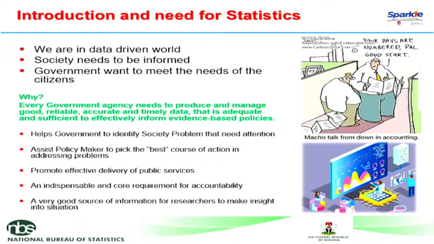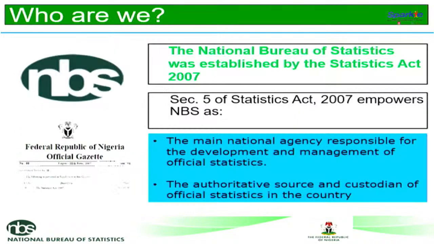But with the emergence of new trends, there is need to also expand that search. So if we don't have regular research work done on some areas, we might lose track over time. So the National Bureau of Statistics was established by the Act of 2007.